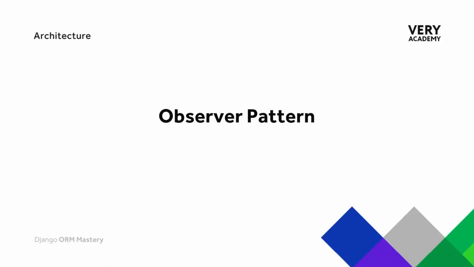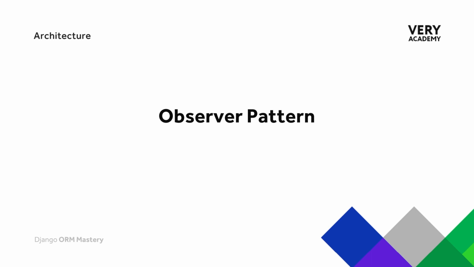One of the first questions that I ask myself when presented with new technologies or new features is to try and answer, what problem does this solve? Now, to understand why or when to use signals, I draw your attention to the observer pattern.